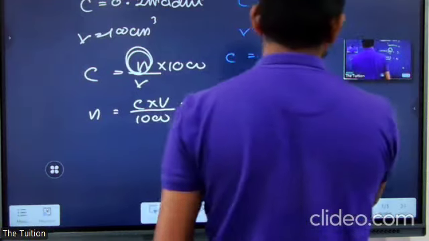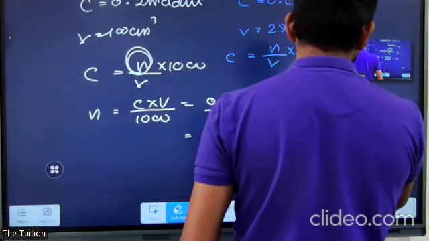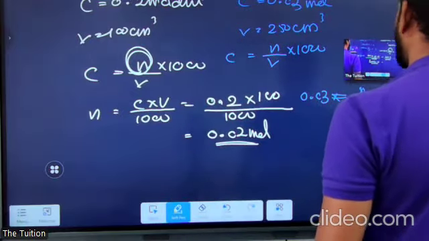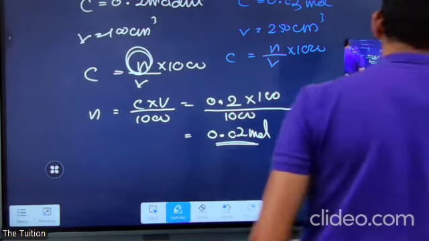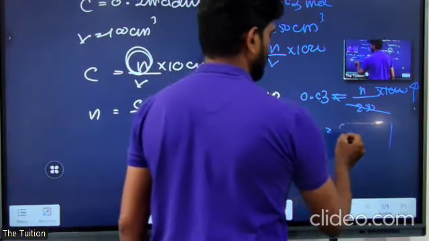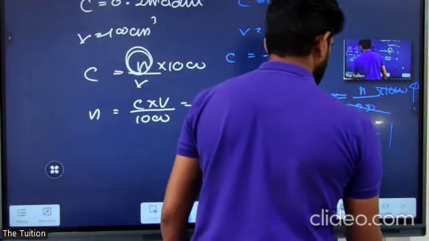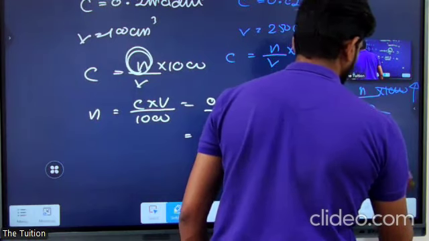What is C? 0.03 equal N, we don't know, N divided by 250 into 1000. This becomes 4. Okay, and N equal 0.03 divided by 4, 0.0075.